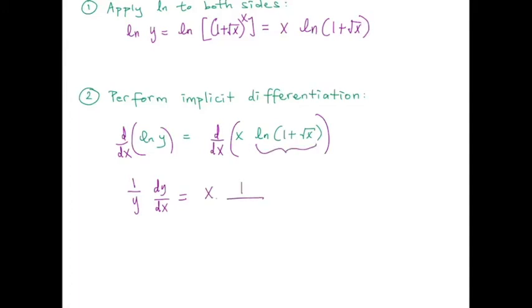So that is 1 over 1 plus square root of x times the derivative of 1 plus square root of x, which is 1/2 1 over square root of x. Plus, I take the derivative of x and then just write down the second part.